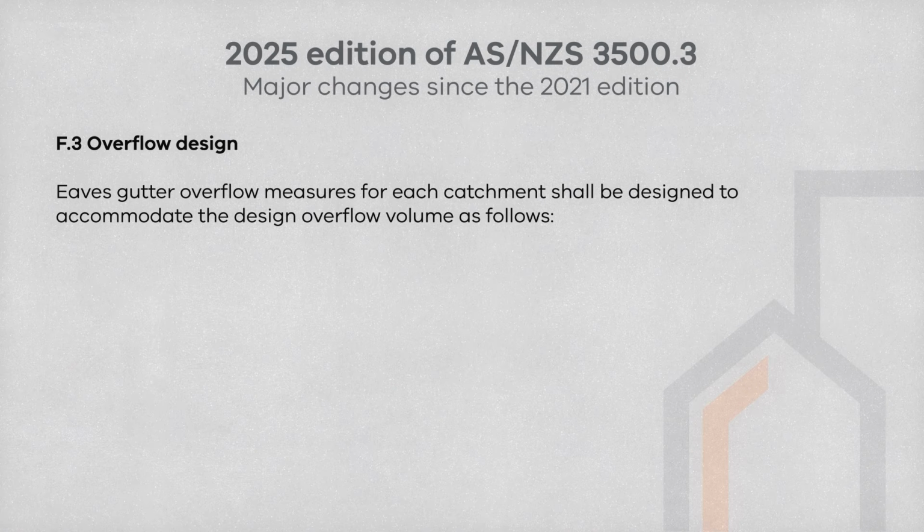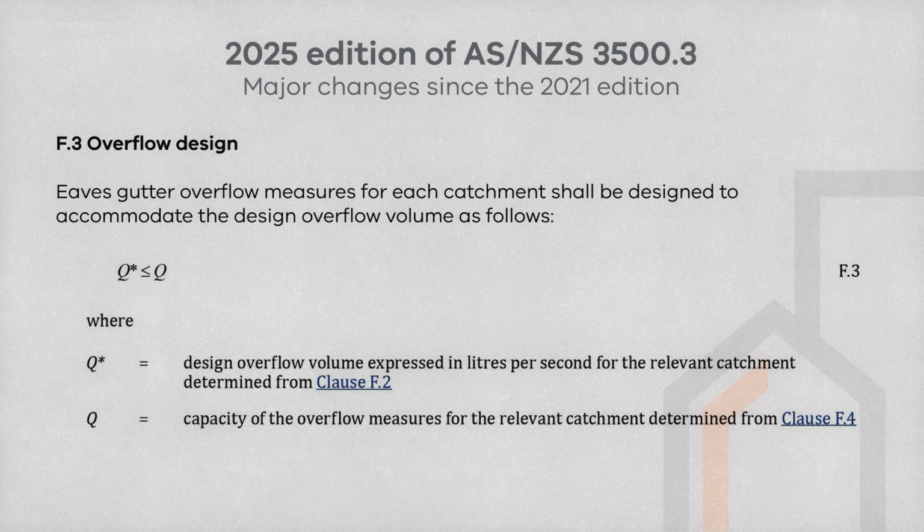At the previous step, we calculated the design overflow volume Q*, which represents the amount of water that your overflow system needs to handle. Now, under clause F.3, overflow design, we move to the next step. This clause tells us that the overflow measure you select, whether back gap, slotted gutter, or front bead, must be selected so their capacity Q is equal to or greater than the calculated overflow volume Q*.